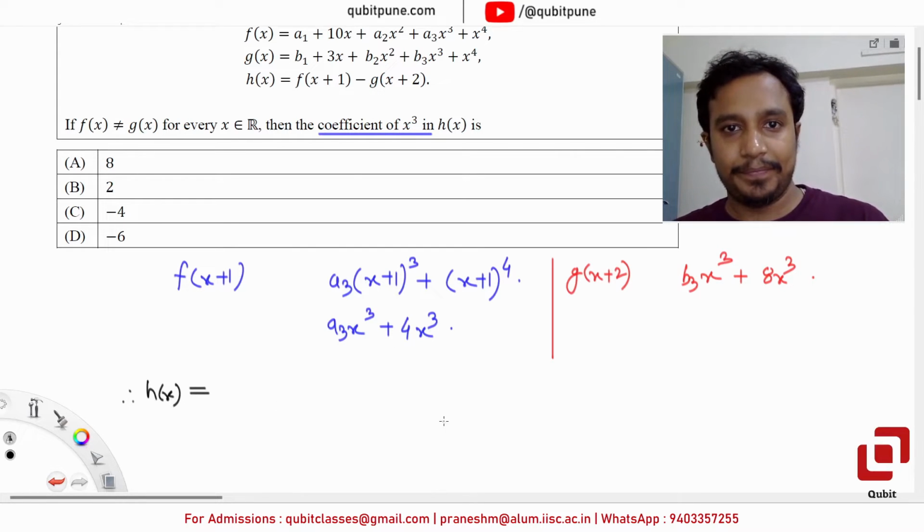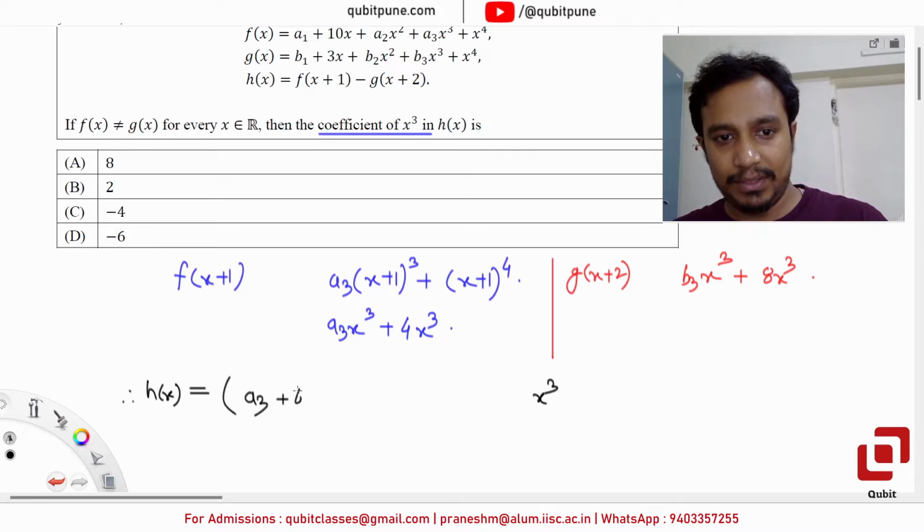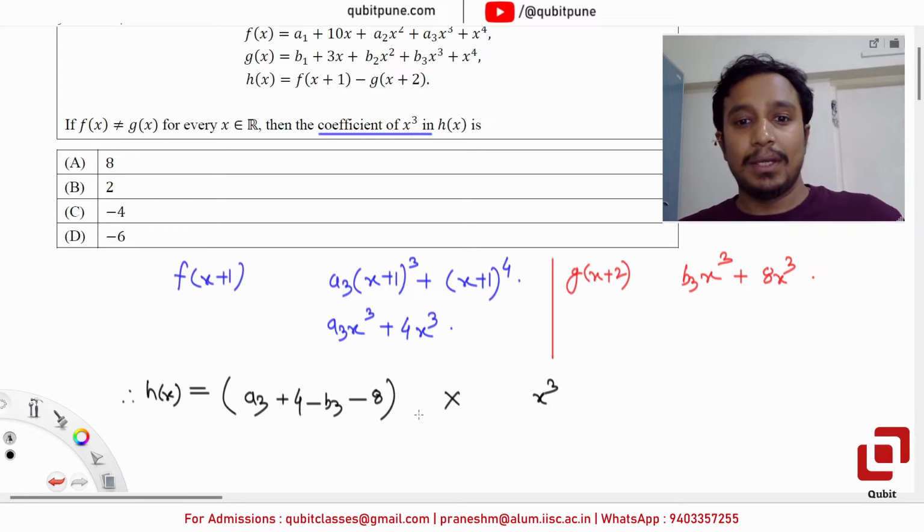So x cube को कॉमन लेके इसके अंदर जाएंगे. a3 plus 4 minus b3 minus 8 into x cube.